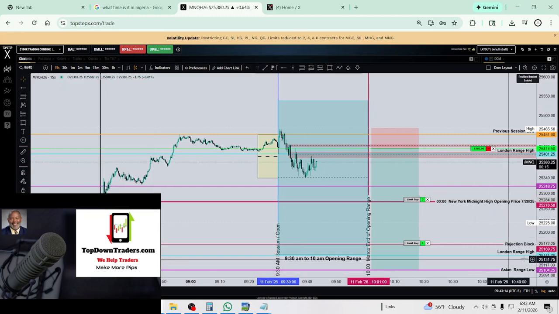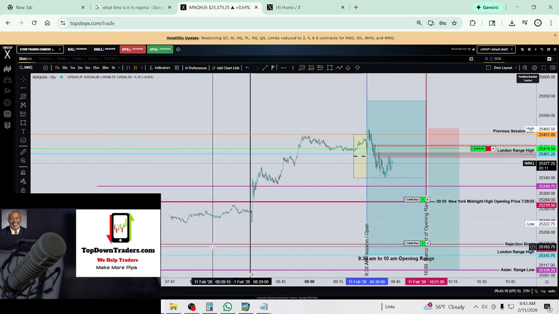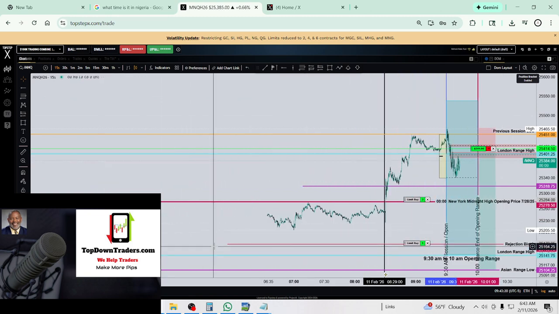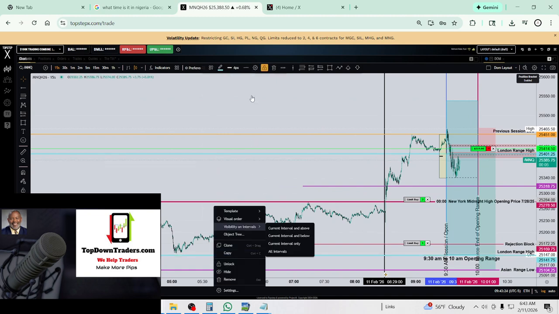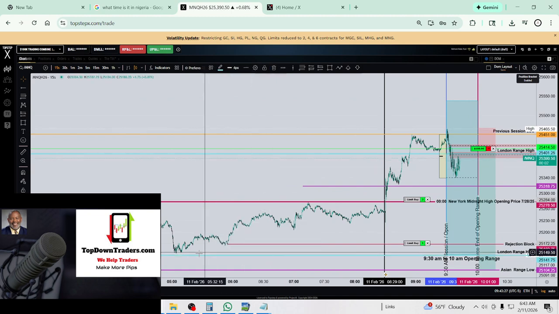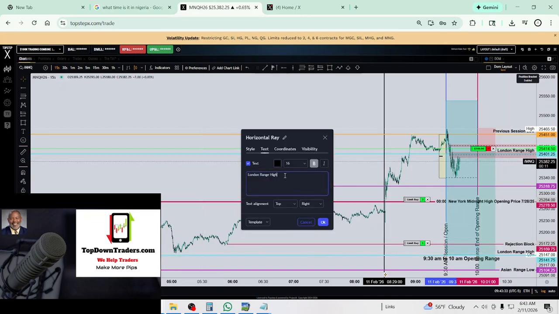And the London range, this should be a London range low. That's mislabeled. So let me pop into that and see if I can correct it. I have it locked. I'm going to click on it. It opens for me. There we go. And I'm just going to change this real fast to say low.